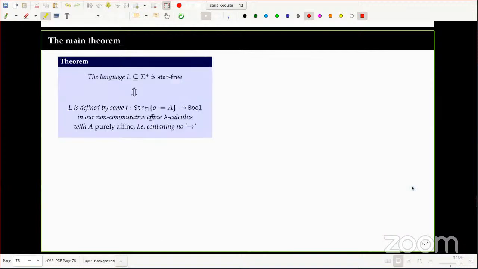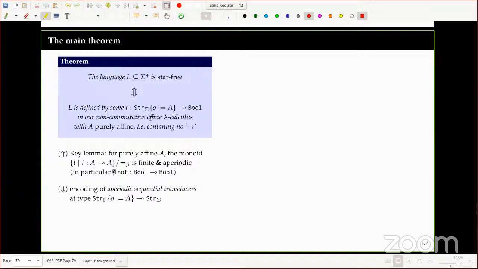So maybe I can discuss very briefly the ingredients of the proof. Actually, this whole work just started by this observation that we have aperiodic monoids in the non-commutative lambda calculus. So the soundness part of the result is just a property of the non-commutative lambda calculus.